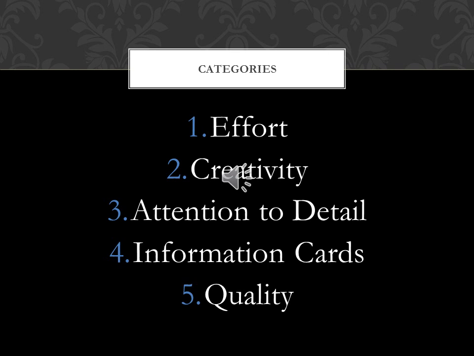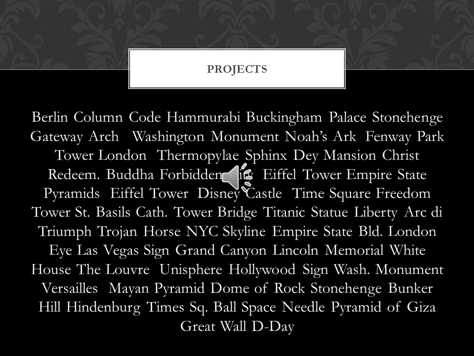The judges evaluated 5 categories: effort, creativity, attention to detail, information cards, and quality of the overall project. In an effort to create academic competition while maintaining fairness, students chose from a hat the project that they would work on.